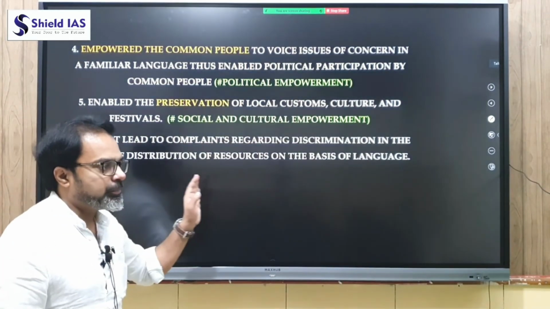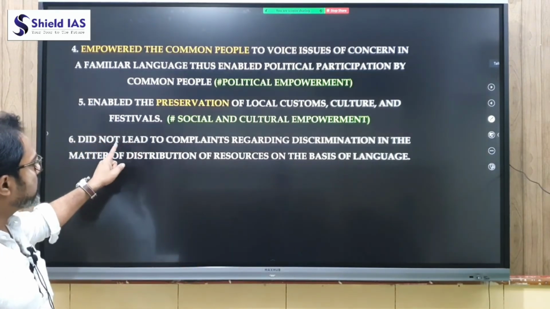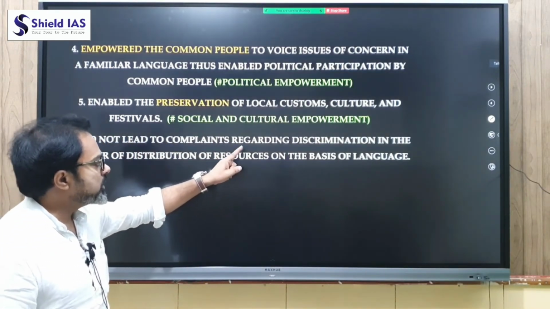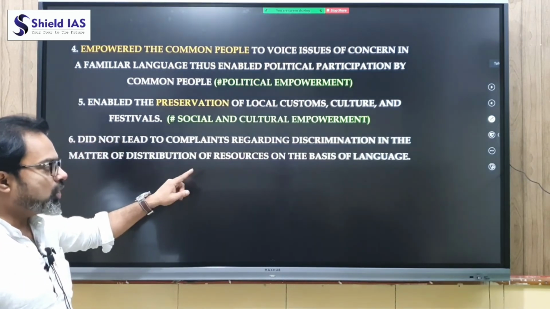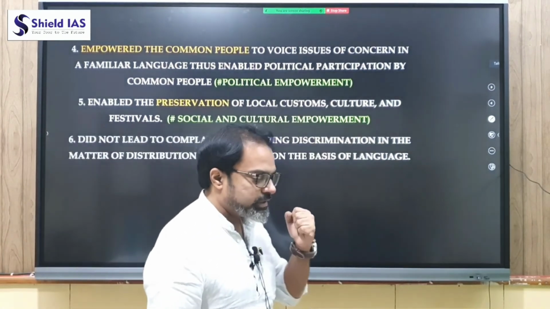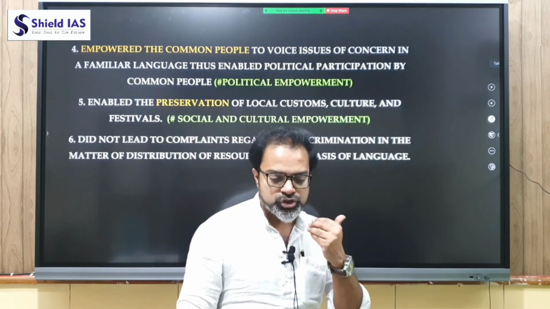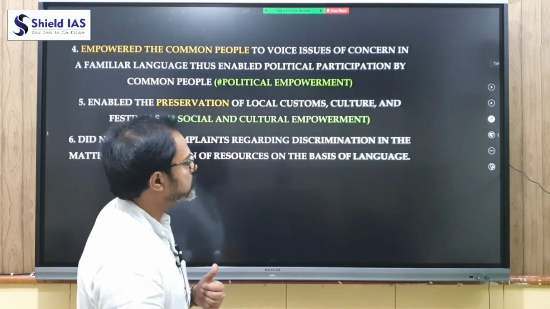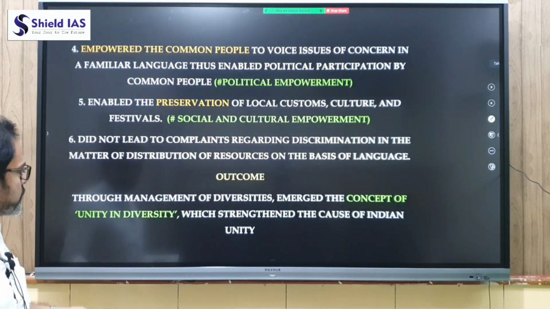Hence we kept out perceived discriminations. It did not lead to complaints regarding discrimination in the distribution of resources on the basis of language. So we prevented the feeling of discrimination on the basis of language in terms of distribution of resources. What is the outcome for our country?